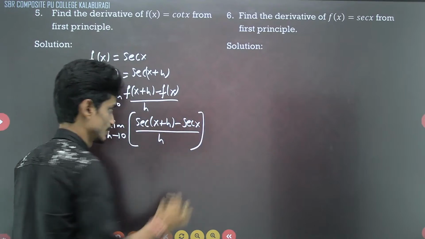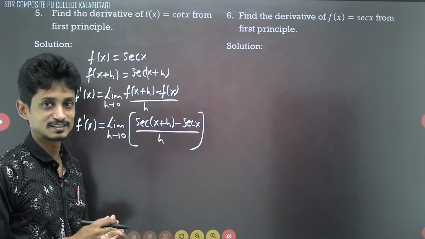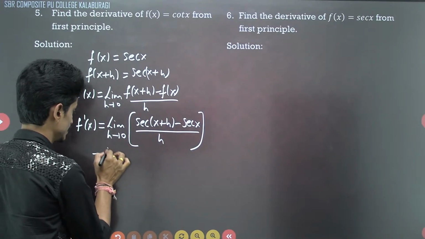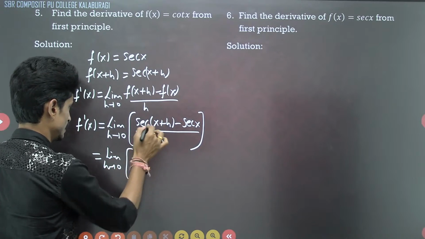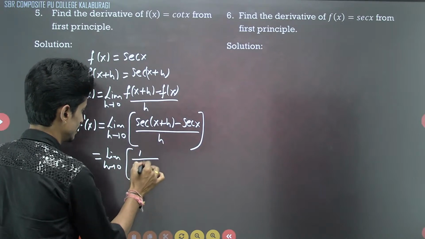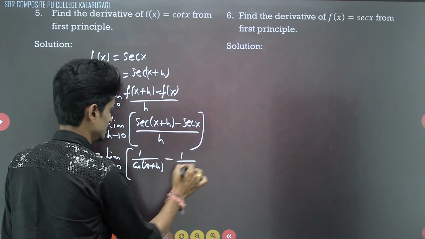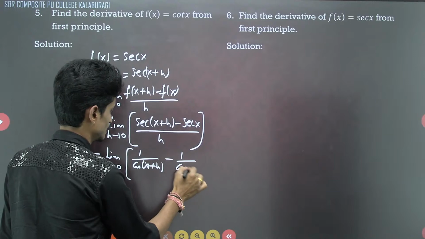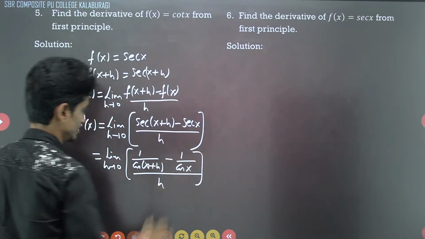I have just substituted. We know that here too we don't have any secant c minus secant d formula, so here too we should take the reciprocal, that is, secant is nothing but 1 divided by cos of x plus h minus 1 divided by cos x, whole divided by h. I have taken the reciprocal.